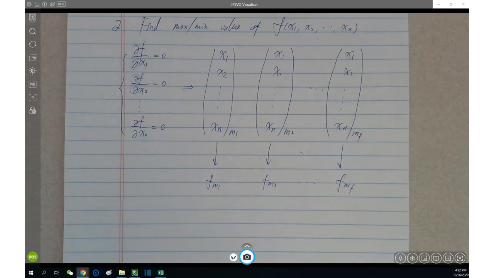Anyways, here is the math, okay? You have simultaneous equations to find multiple solutions of x1 through xn. Correspondingly, you get all of these local minimum or maximum values for f, the objective function.